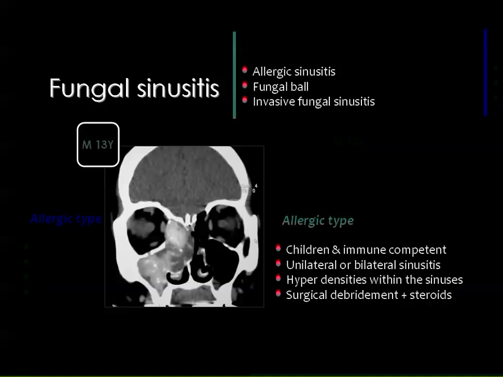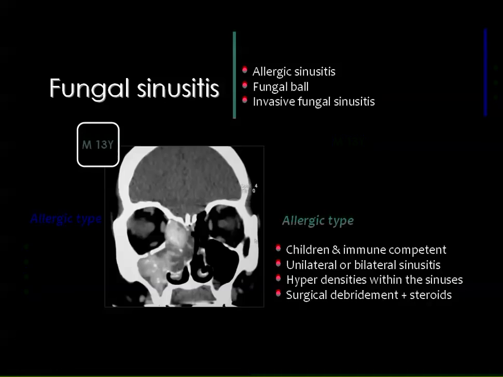Then we come to the issue of fungal sinusitis. We have three types of fungal sinusitis: the allergic type, the fungal ball, and the invasive type. The allergic type is seen in immune competent patients and also in children. Fungal sinusitis may be unilateral or bilateral.